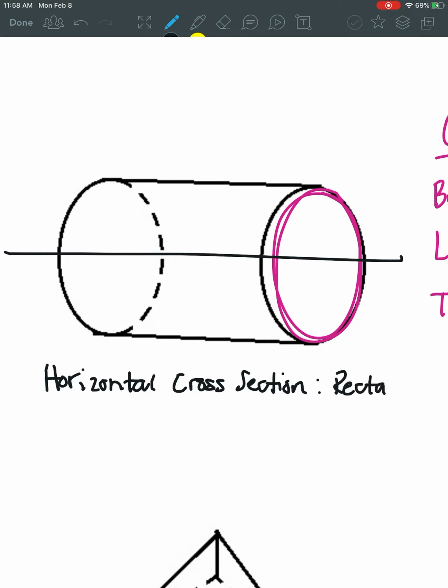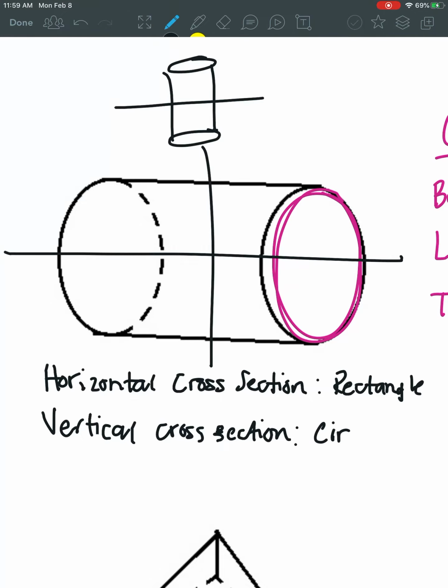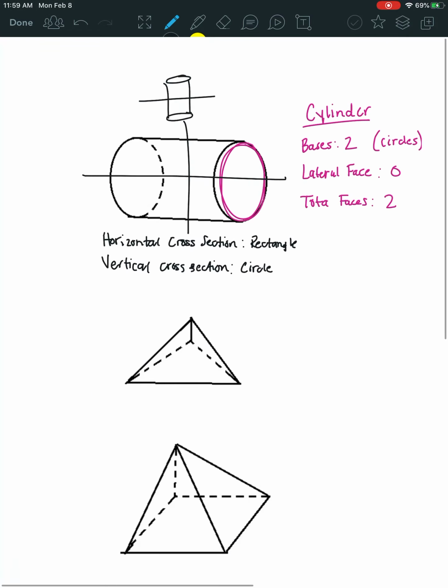If the cylinder was standing up and you did a horizontal cross section, it would be different. Then you would see the circle. So be careful. Now, this example we have, if we do a vertical cross section, so cut it this way, well then its parallel side would be the circle. We would see a circle.